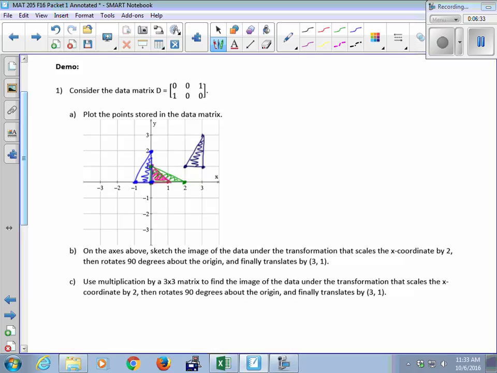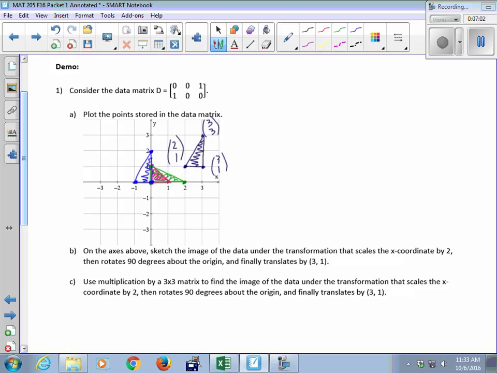So I did three transformations. And my final data points are, I'm going to write these vertically because that's how our data matrix is going to hold all this data: 3, 3, 3, 1, and 2, 1.